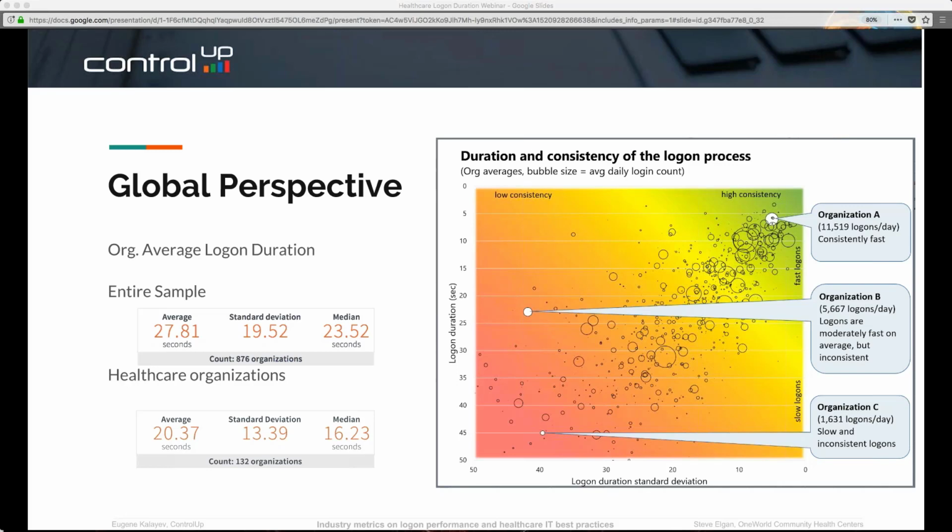So here we're looking at the entire population of production environments. So the assumption is that admin logons are a really, really small share of that. And of course, this can be checked and sanitized.